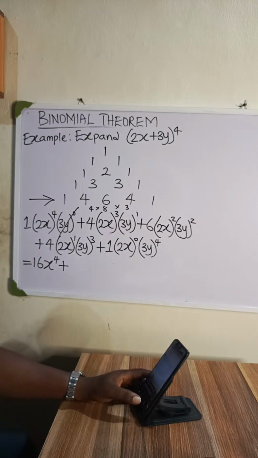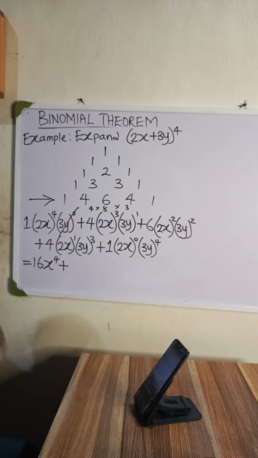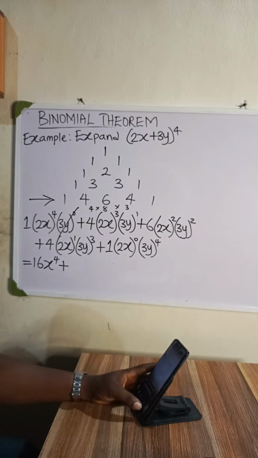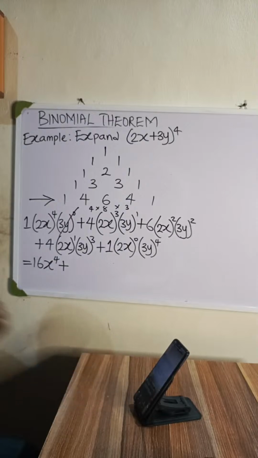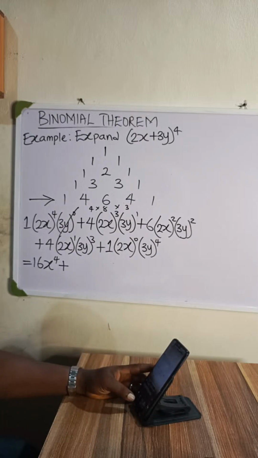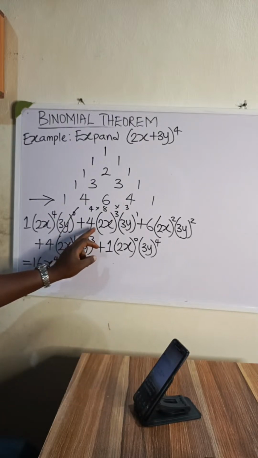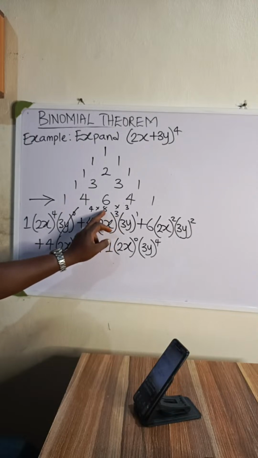Who can tell me on YouTube? This 4, 2 to the power of 3 is 8, and then 3 to the power of 1 is 3.